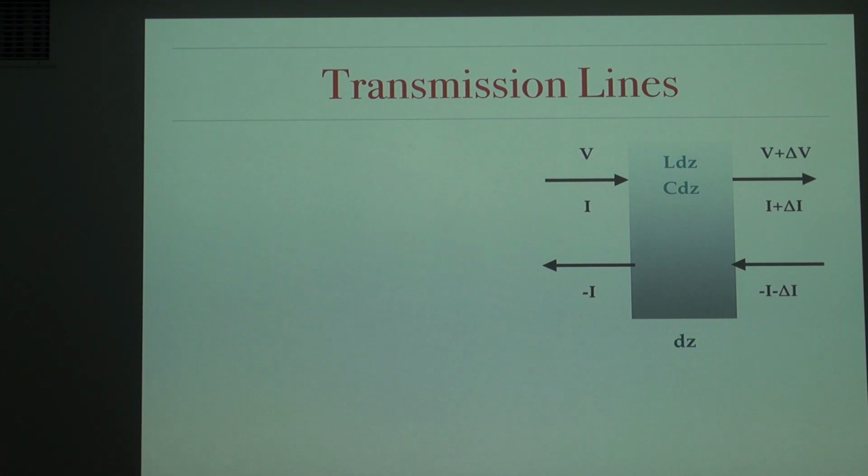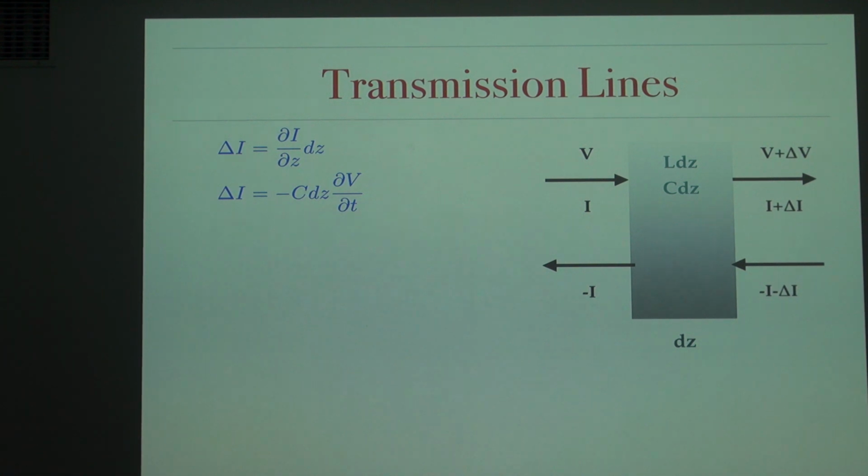And of course the same happens by symmetry, as we discussed. If this is a current going through the center of the wire, there must be a current going in the outer layer backwards. So I have a similar situation: if the current goes to the left, then it must be slightly smaller on the right. Okay, so now let's do some algebra.